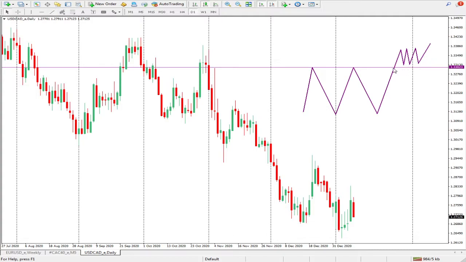So as long as there is no candle which closes below 1.33023, that breakout remains a very genuine breakout.